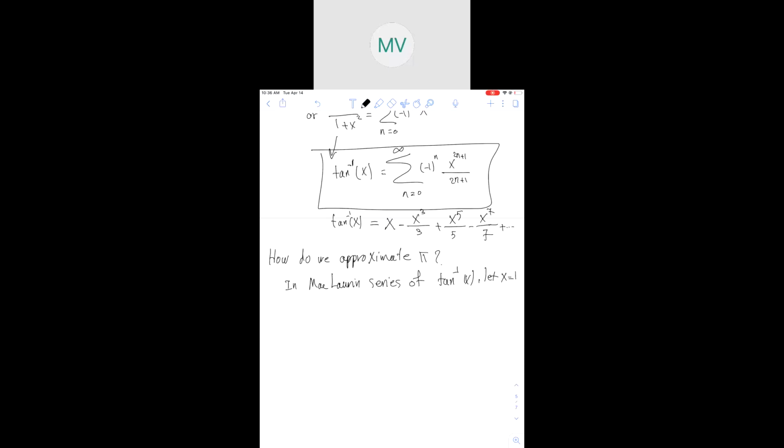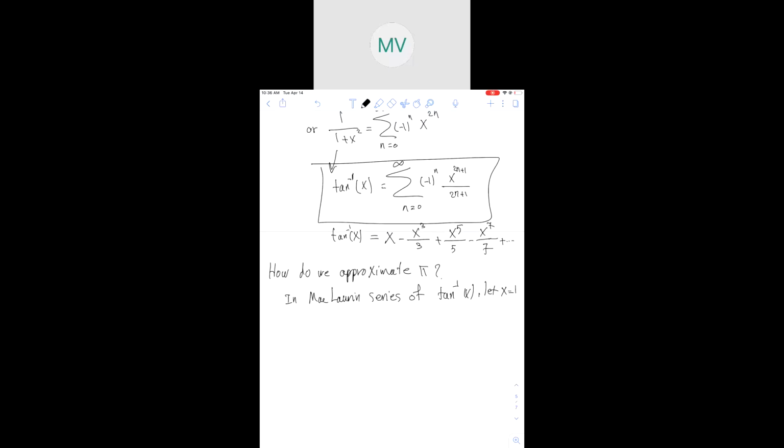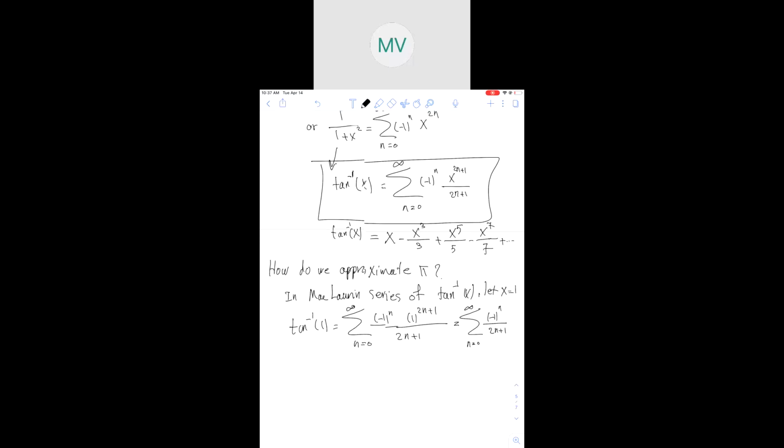If that happens, we get tan inverse of 1 equals summation of negative 1 to the n, 1 raised to 2n plus 1, divided by 2n plus 1, from 0 to infinity. 1 to the 2n plus 1 is 1, so we have simply negative 1 to the n over 2n plus 1, from 0 to infinity.